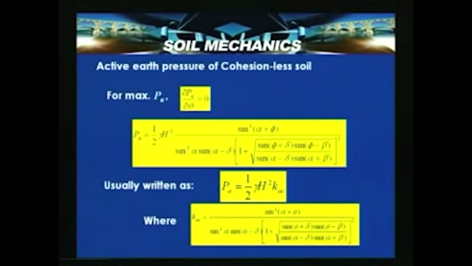So, active earth pressure of the cohesionless soil means we need to calculate PA is equal to half gamma h square KAC. Suppose you know delta is equal to say 20 degrees, beta is equal to 20 degrees and phi is equal to 40 degrees. Substituting in this, first we need to compute the Coulomb's active earth pressure coefficient, and then for a given height of wall, we can calculate the active thrust exerted by the soil onto the wall.